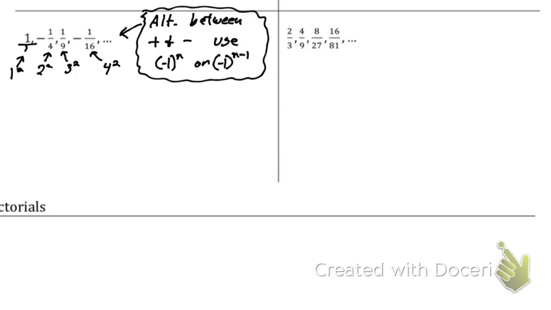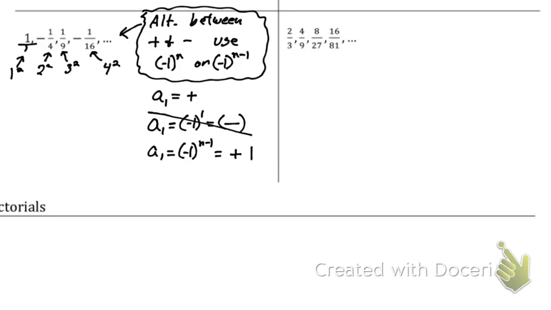All right, so real quick, a sub 1 needs to be positive. If I did a sub 1 equals -1 to the first power, that would be negative. So that's not going to work. If I did a sub 1 and that equaled -1 to the n minus 1, that would be -1 to the 0th power.